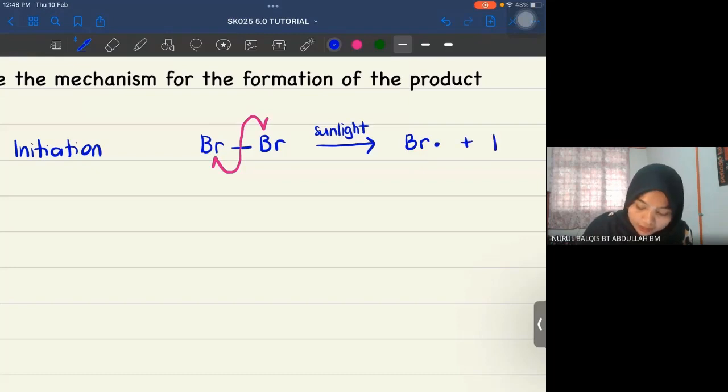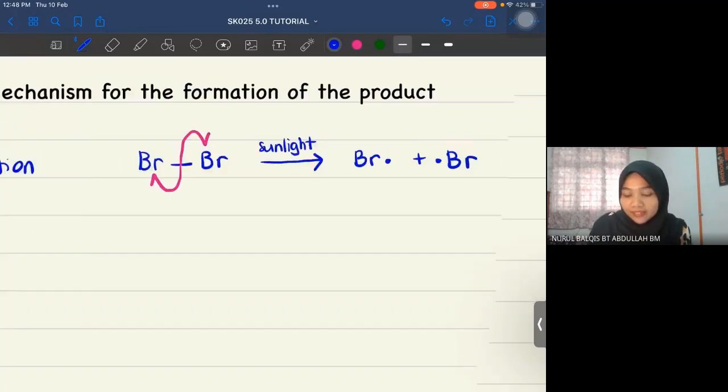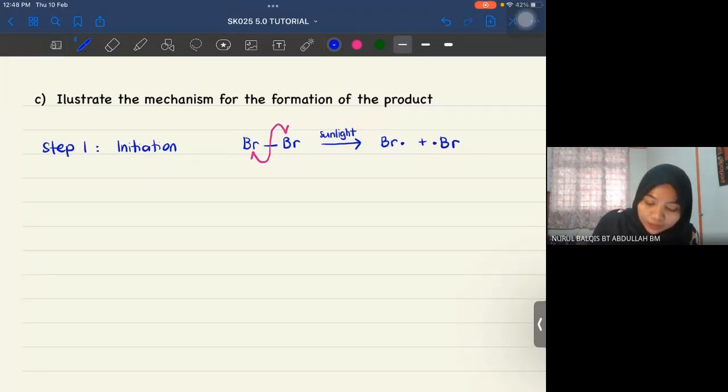So this is our radical now. Radical is a highly reactive species, because now around it, instead of 8, it has only 7. So this unpaired electron is highly reactive and will not stay still. Then we go to the second step, which is called Propagation.